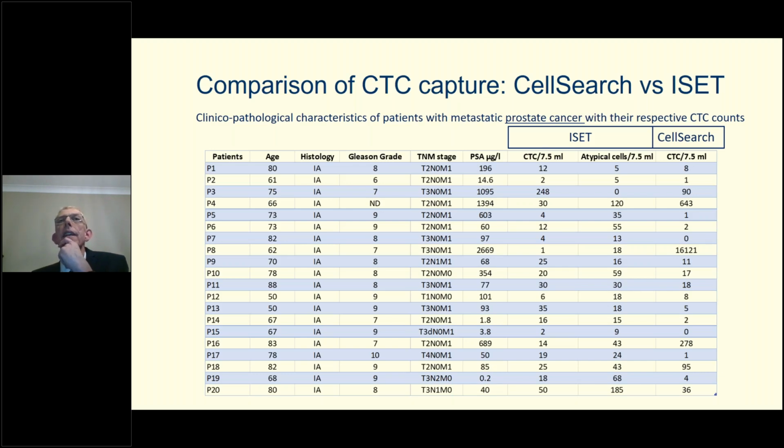Again, we see this separation in the number of cells that we identify, differences between ISET and CellSearch. So on the one hand, we've got patient number 3 where we see 248 CTC cells under ISET, and 90 in CellSearch. But you can see some very, very huge differences between the two platforms in the number of cells being identified between the two methodologies amongst this group of 20 patients, and that's for prostate cancer.